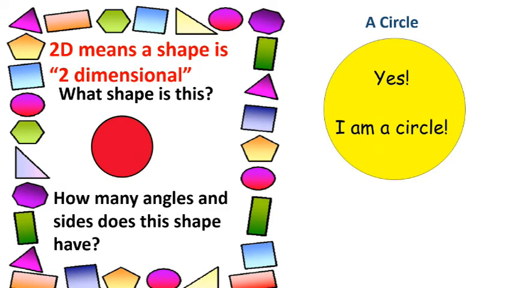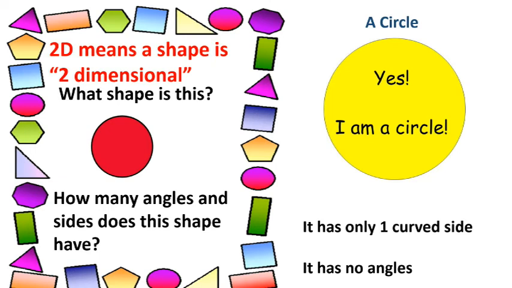How many angles and sides does this shape have? It has only one curved side and it has no angles. Okay, children, a circle has only one curved side and it has no angles.